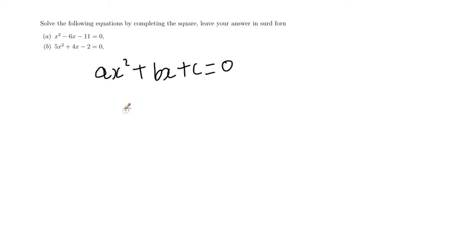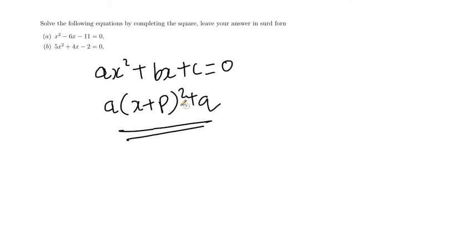Now when you're asked to complete the square of a given quadratic equation, what that means is that you have to leave it in the form a(x plus p) squared plus q. This is what is known as the completed square form. When it is in this form, it means that you have completed the square.